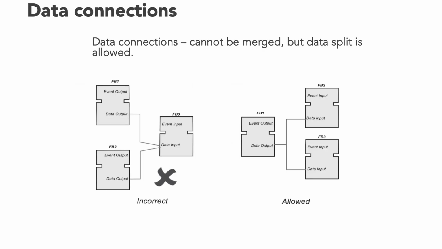As for the data connection, it's incorrect to try to connect two data connectors to one data input of a function block, because in such a case the semantics of that connection is not defined. But it's allowed to split data and connect one data output to several data inputs of several function blocks.